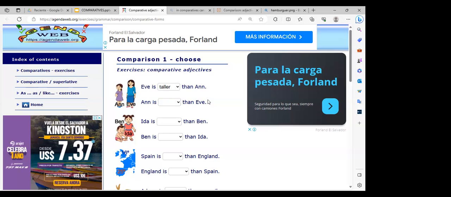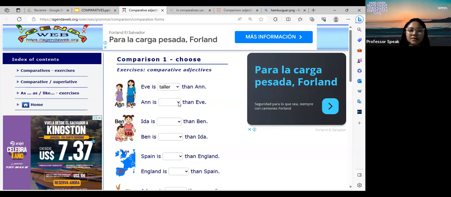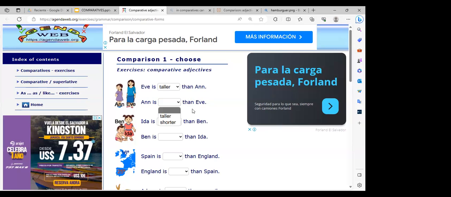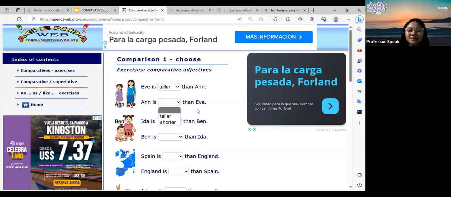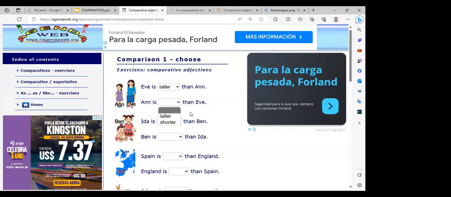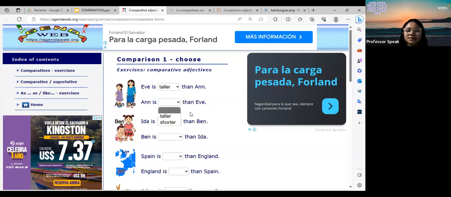One moment. Could you repeat it? There we have the two options, tall and short.